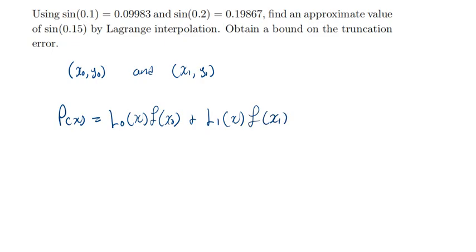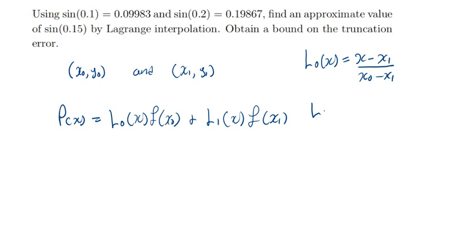Okay, so one thing that you need to understand is that this portion here, your Lagrange for the x naught, is going to be given as x minus x sub 1 divided by x naught minus x sub 1, like that.